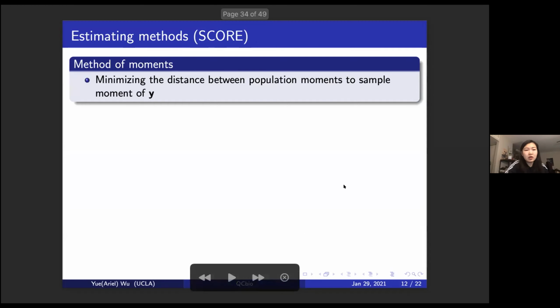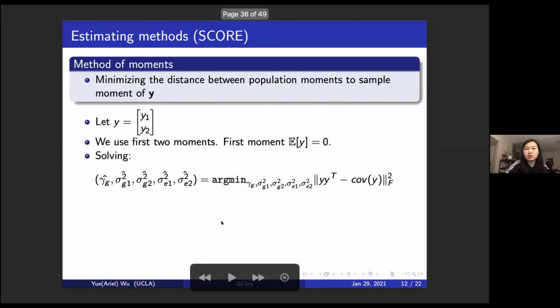So in our method, we use the method of moments. The high-level idea is that the method of moments is in general trying to minimize the distance between the population moments and the sample moments of y. In our method, we use the first two moments.